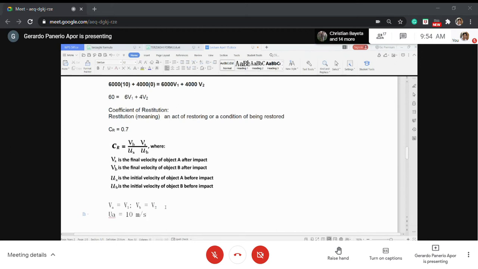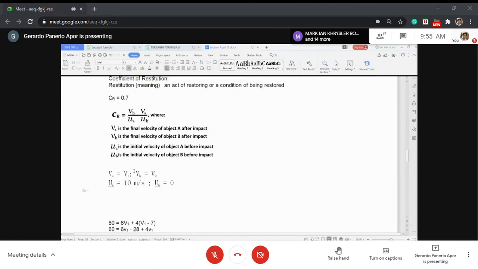And U sub B is the initial velocity of object B before impact, and that is 0, since car number 2 is stopped at the stop light. So we substitute it here. Your CR is 0.7.